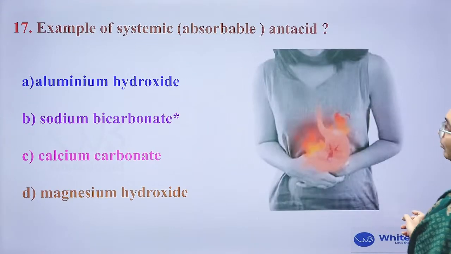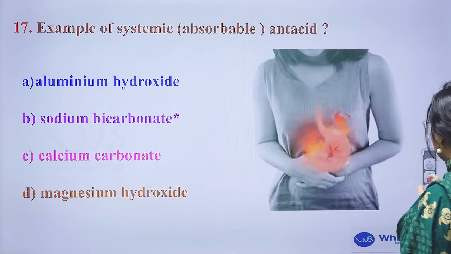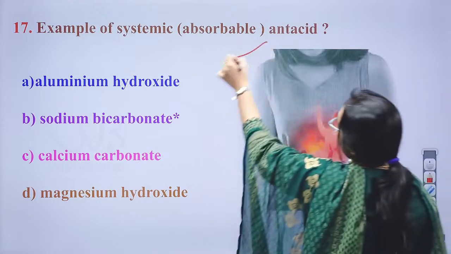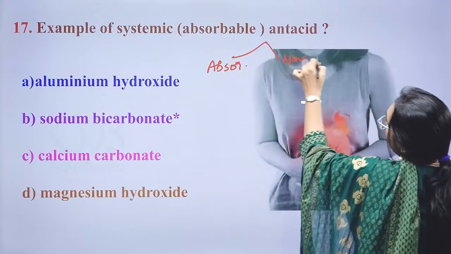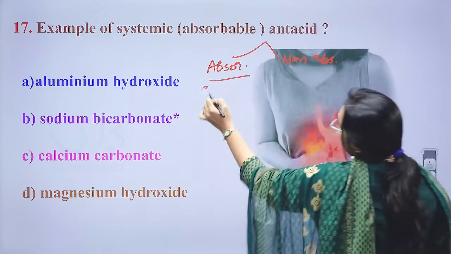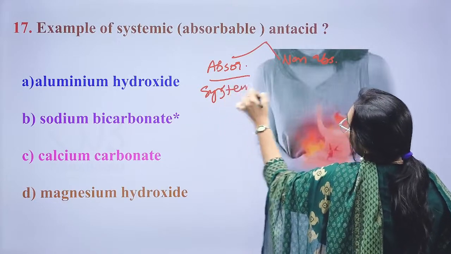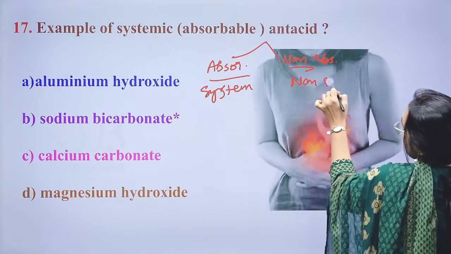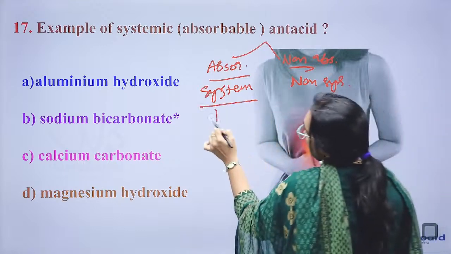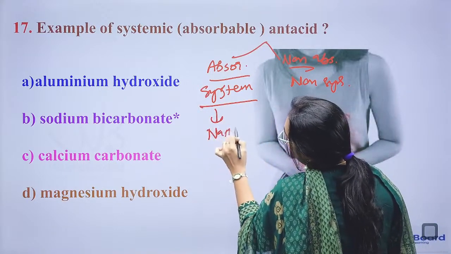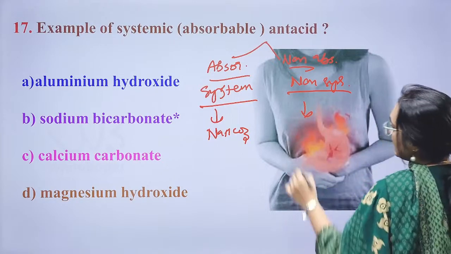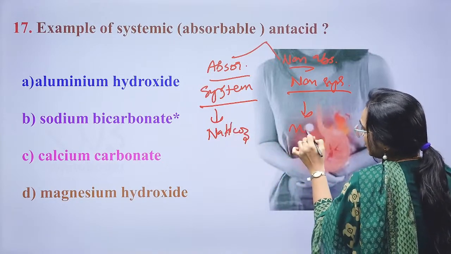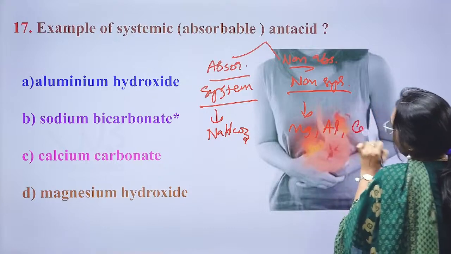Next. The example of systemic absorbable antacids. Antacids are divided into two types: systemic, absorbable antacids, and non-systemic, non-absorbable antacids. Systemic antacid example is sodium bicarbonate, and non-systemic or non-absorbable antacids are magnesium, aluminium and calcium containing compounds.